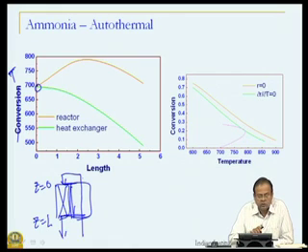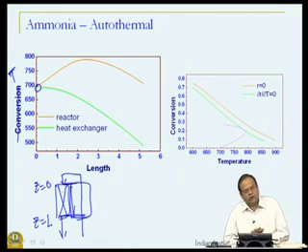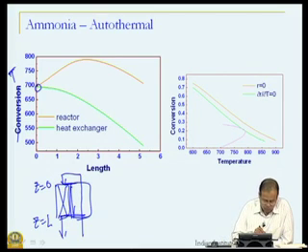Now, let us just qualitatively look at what is happening in the reactor, then we will go to the exchanger. At the reactor, at this point at the inlet, both these temperatures are the same, the heat exchanger side and the reactor side.